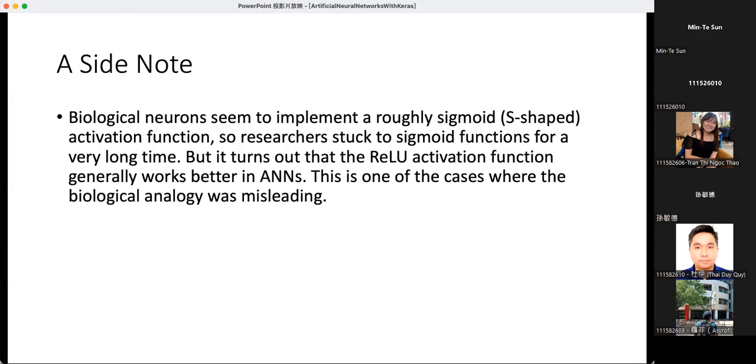But it turns out that the ReLU activation function generally works much better in artificial neural networks, as I already explained. ReLU is arguably the most popular activation function. So this is one of the cases where the biological neural network was misleading.